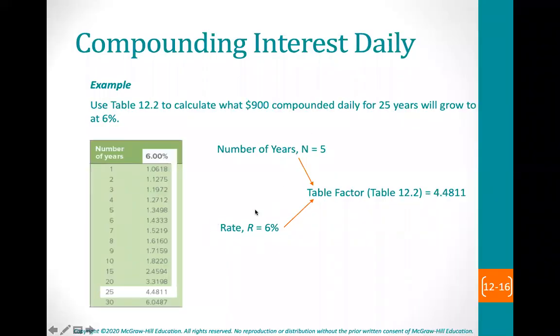Our rate is 6%. So our table factor lookup using table 12.2, which is partially shown here, is 4.4811. We invested $900 times 4.4811. Our $900 investment compounding daily for 25 years at 6% will equal $4,032.99 at the end of the 25 years.